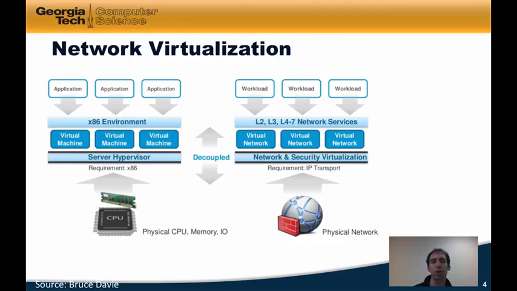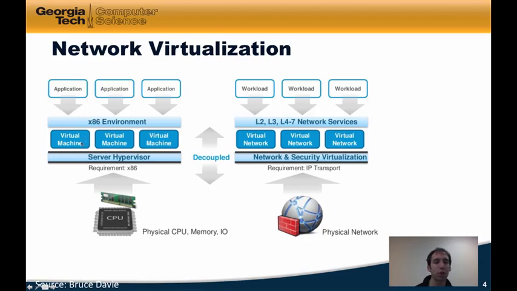So here's a pretty good picture describing the analogy of network virtualization. On the left-hand side, we have a more conventional virtualization environment, which you may be familiar with, which is the virtual machine environment. In this environment, the machine's physical CPU, memory, and I/O are essentially abstracted by a hypervisor on top of which multiple virtual machines can run.